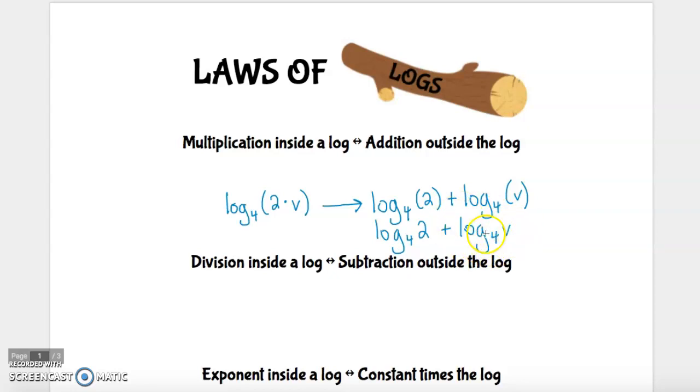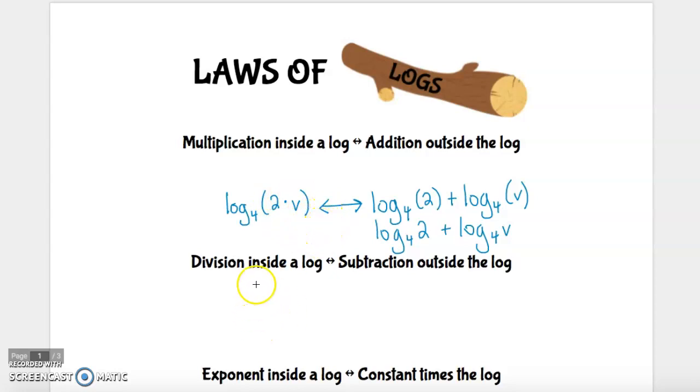This property works both ways. You can expand, which means splitting a single log into multiple ones, or you can condense or combine your logarithms. If I notice addition between two separate logarithms, I can go back and condense it into multiplication inside of one logarithm. So that's the first property.